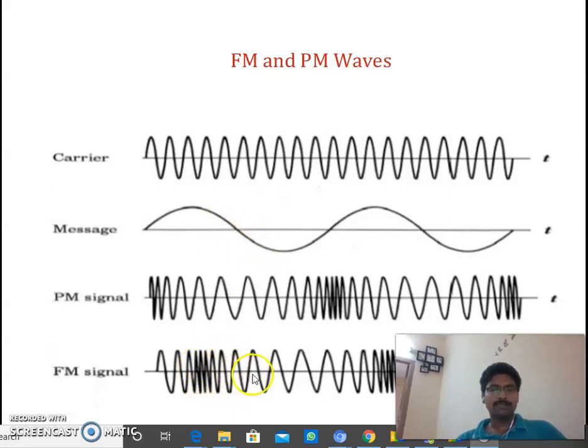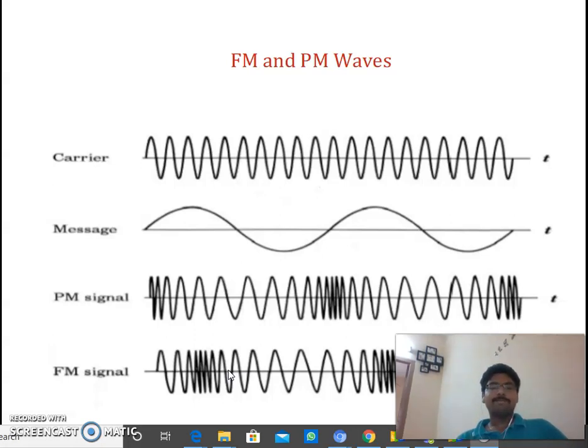But the change in frequency depends on what? The change in the magnitude of the message signal, right? So this change in frequency can be written as fc, the carrier frequency, plus some constant k into m of t, the message signal amplitude.